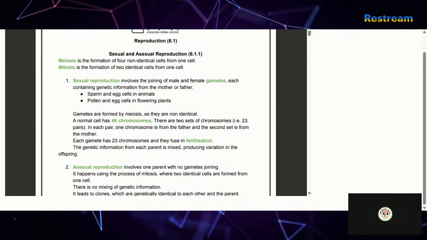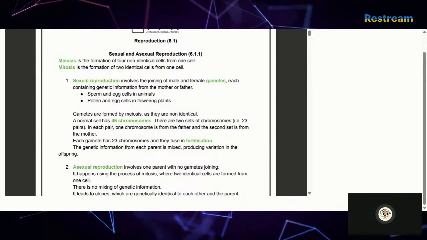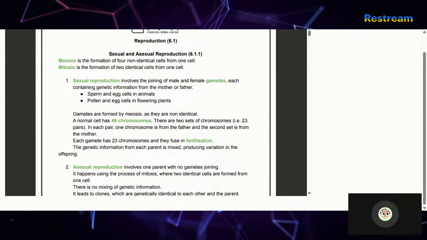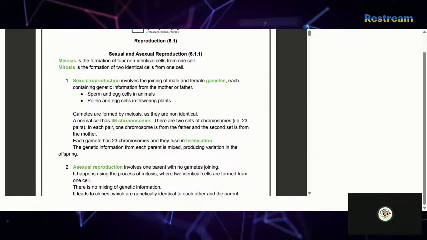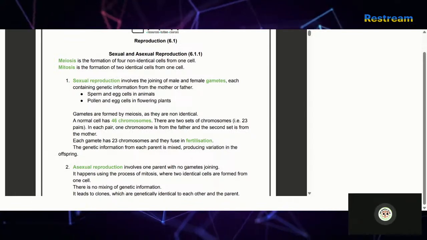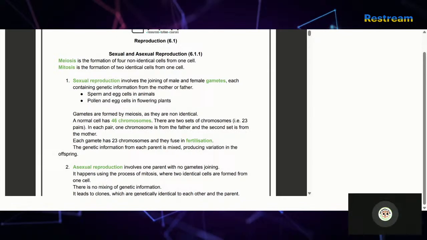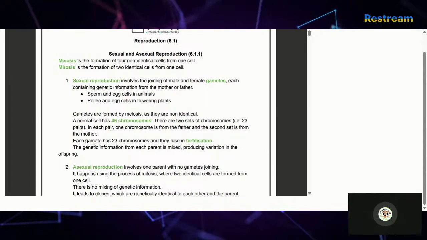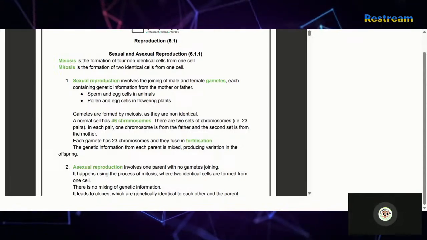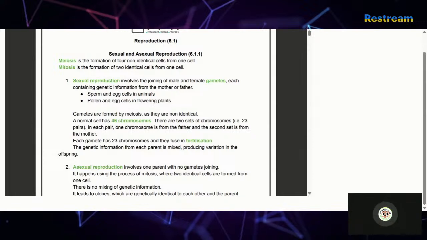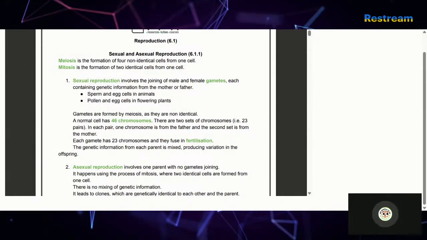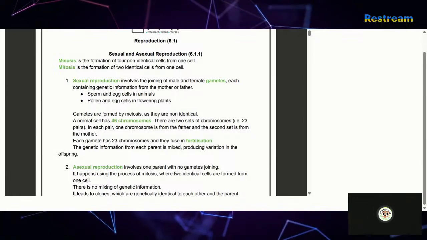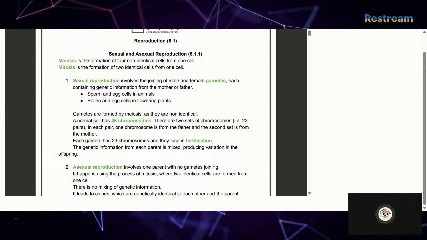In humans, each gamete contains 23 chromosomes in comparison to every other cell in our body, which has 46 chromosomes. Chromosomes exist in pairs, that's why we have 46, because it's 23 pairs of chromosomes. Whereas a gamete will only have 23 singular chromosomes, not pairs.